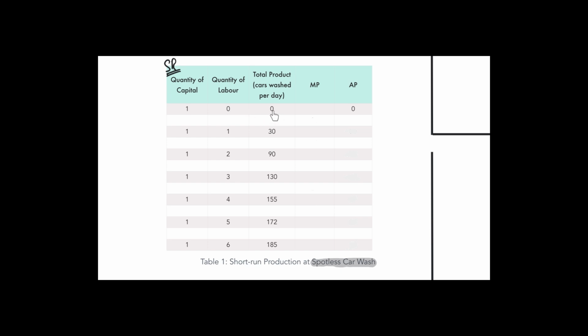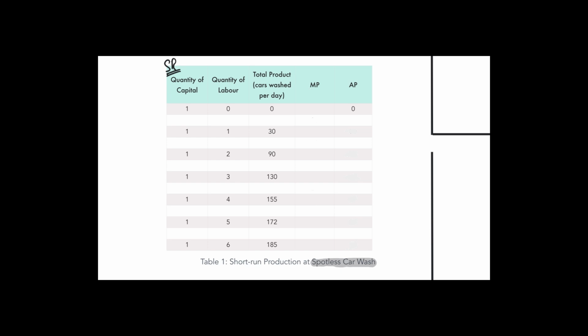So no car wash that day. As I increase the number of labor, the number of cars washed is going up. Actually, it can eventually fall down also. That's even a possibility at later numbers of labor. We're not discussing that right now.